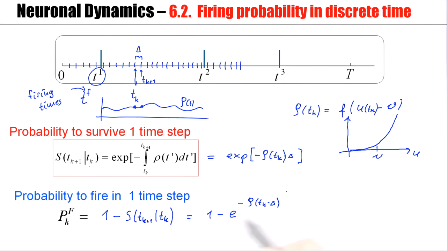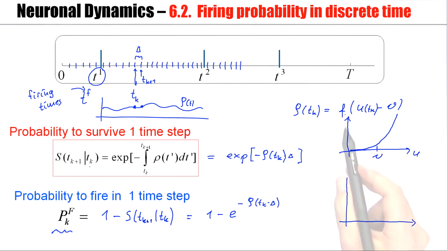Now, if you evaluate this finite time step probability, you take this unbounded f, you plug it into this formula here, then this probability of firing is bounded to 1, as it should be.